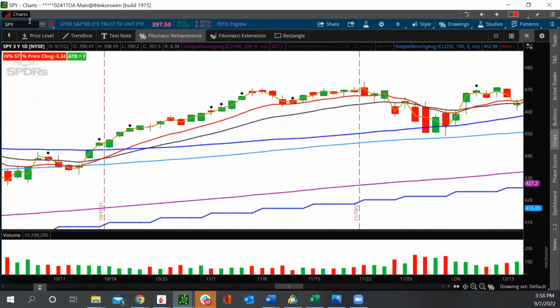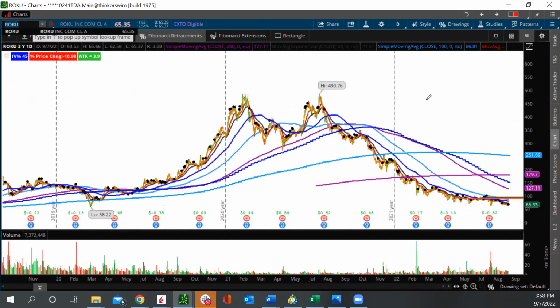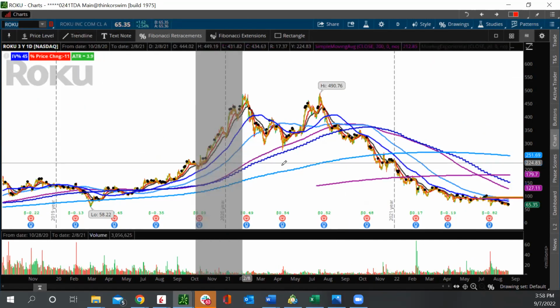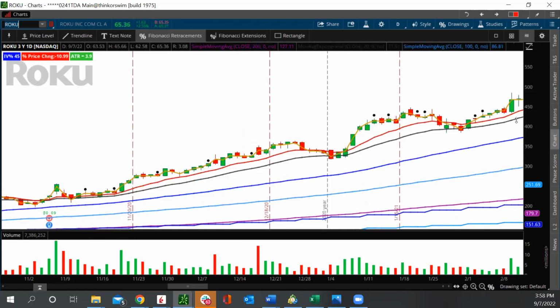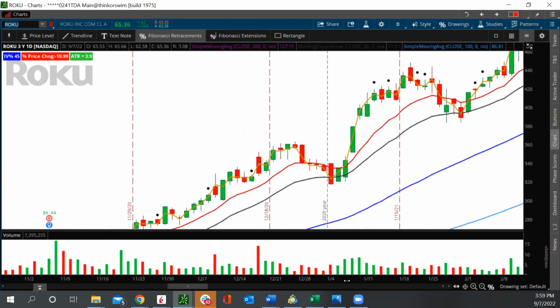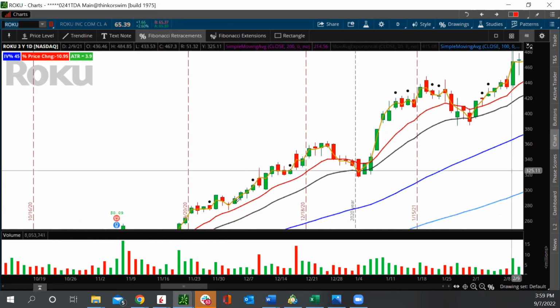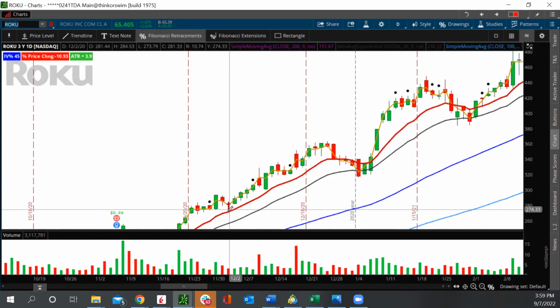Let me get out of SPY for a minute and go to Roku. This was something we were looking at last night. Okay, so again, here's a recent low.